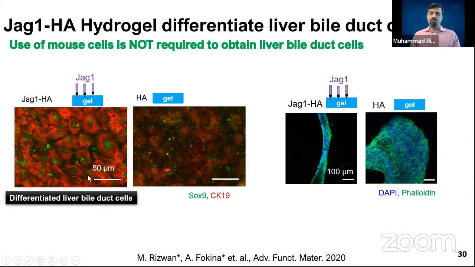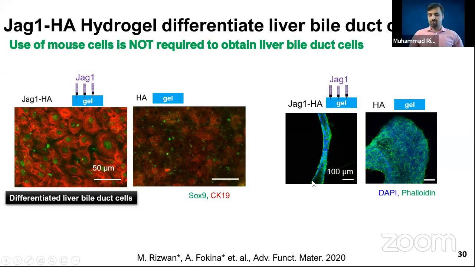These markers are really important. I'm just showing two markers. Markers are just characteristics of cells, which we check when we are converting one cell type to another. We checked these markers and saw that cells have actually become cholangiocytes, and not just markers. We also saw morphological changes.